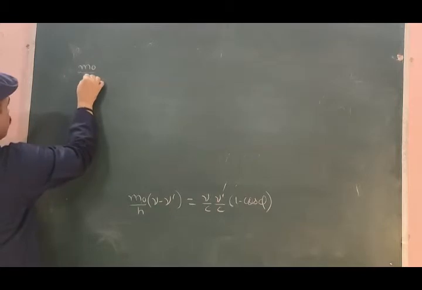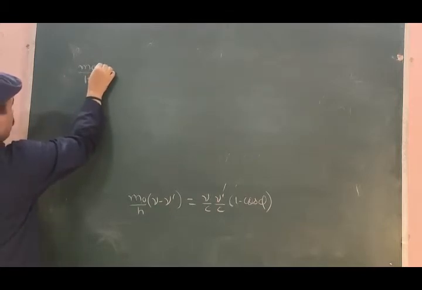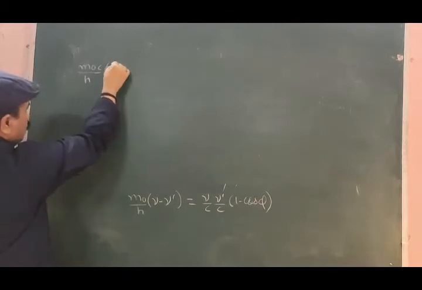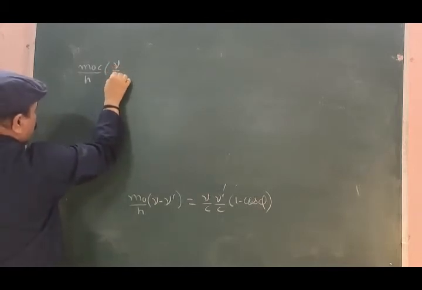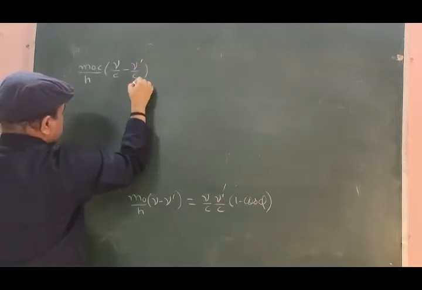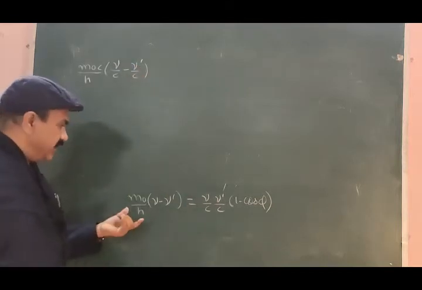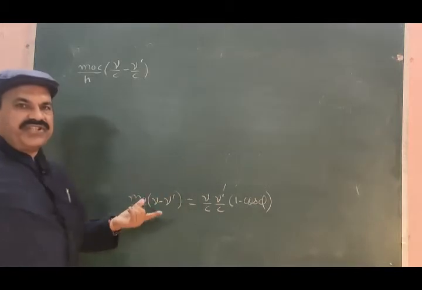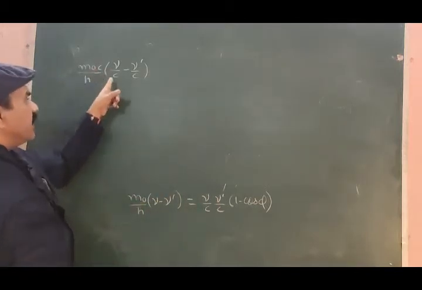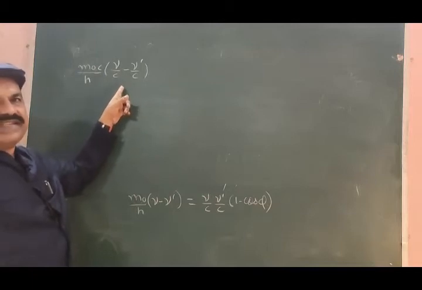m0 by h into c into nu by c minus nu dash by c. What have I done here? LHS of this equation, only LHS of this equation is multiplied and divided by c.